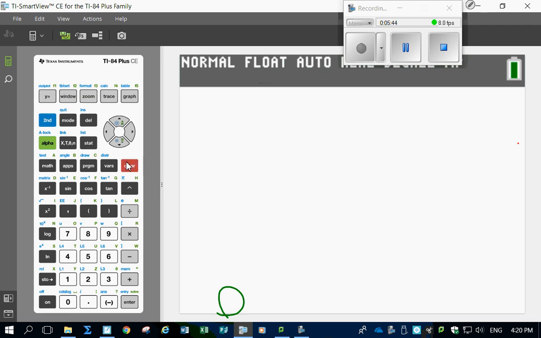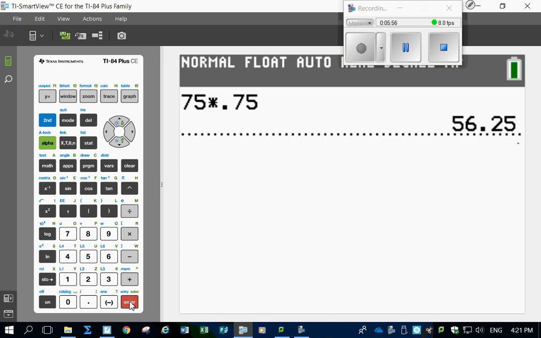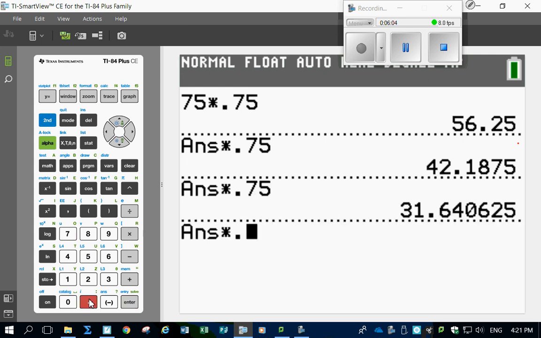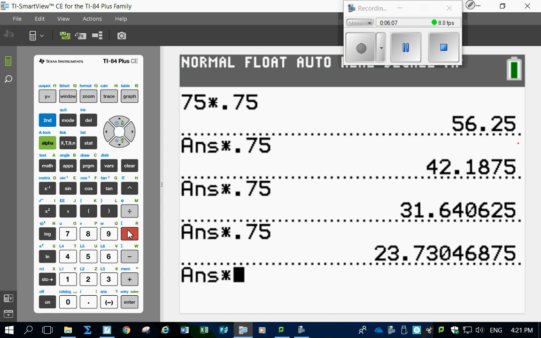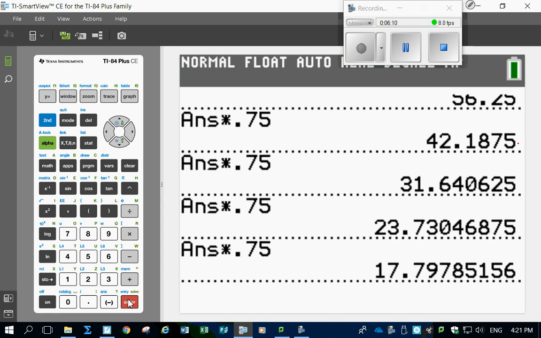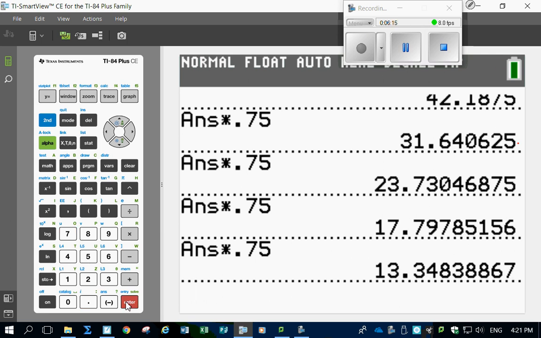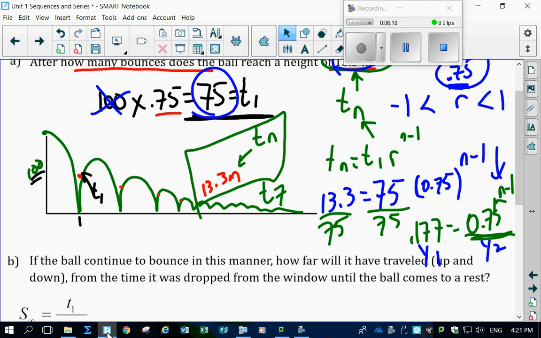So we said that we're going to take 75, that's your first bounce, times 0.75, there's your second bounce, times 0.75, there's your third bounce, times 0.75, your fourth bounce, times 0.75, your fifth bounce, times 0.75, your sixth bounce, times 0.75, there's your seventh bounce, and it's 13.3, just as we predicted way back here. So that works beautifully, right?